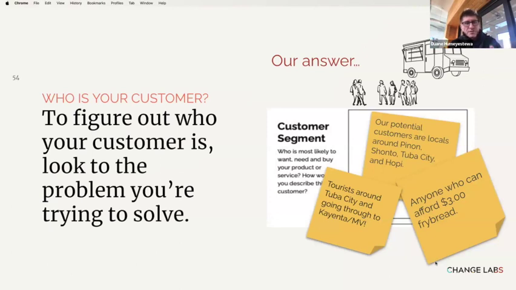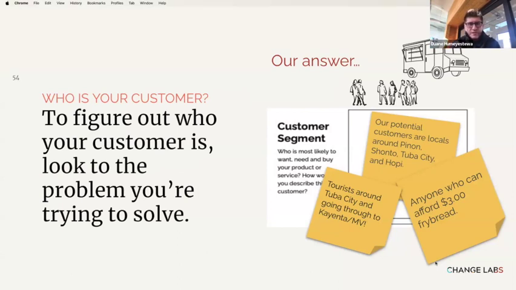this customer segment profile portion, or the work that you want to do around building that profile, is to figure out who your customer is and look at the problem that you're trying to solve. And you have to constantly ask yourself that as you move through it.